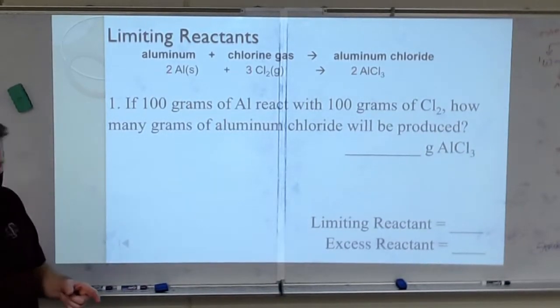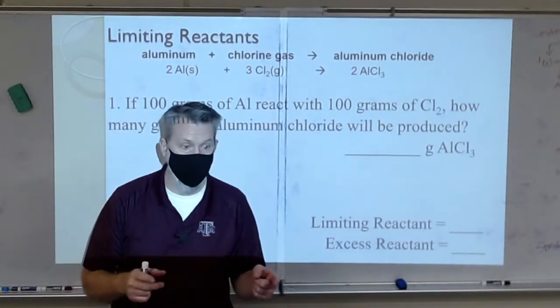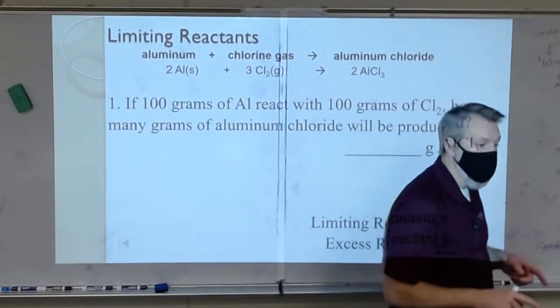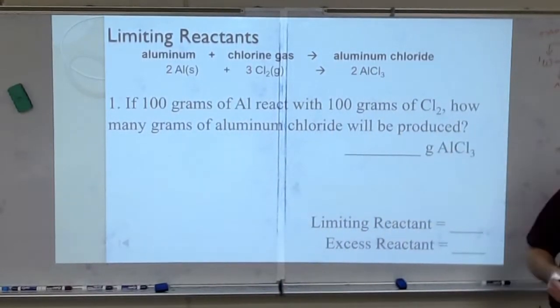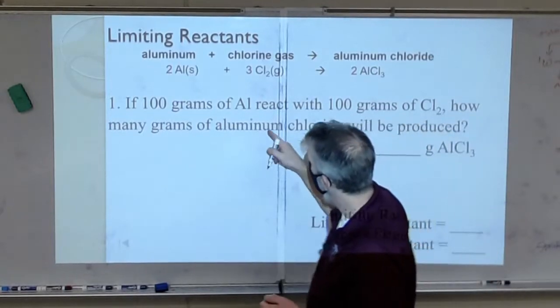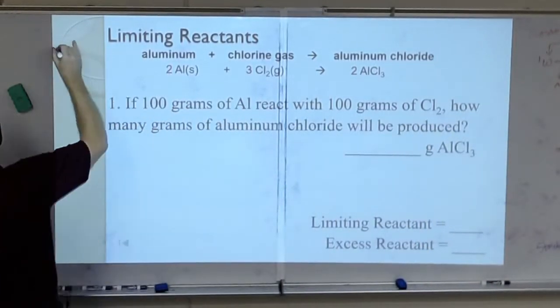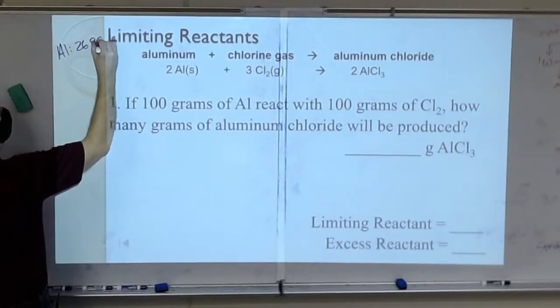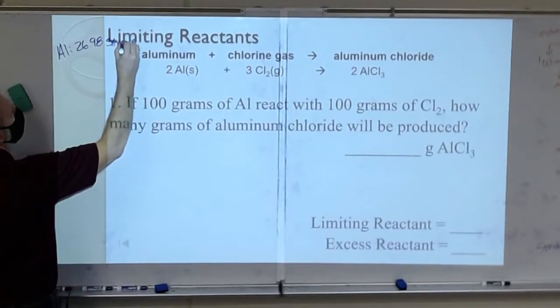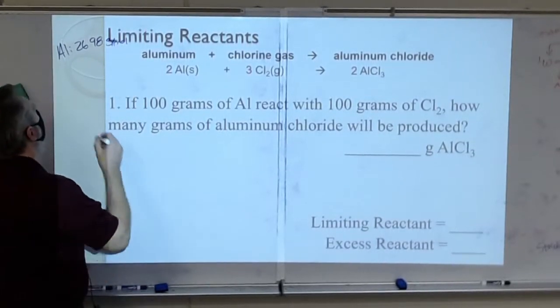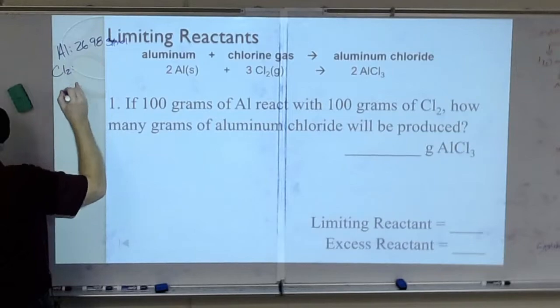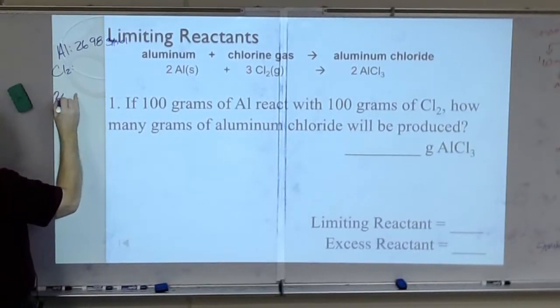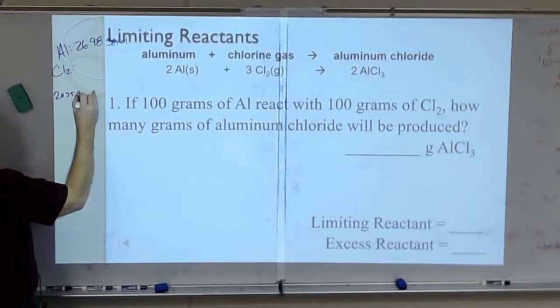Aha, I see grams. That means I'm going to need to have the what? I'm going to need to have the molar mass. So let's go through here. The molar mass of aluminum, again, write it down somewhere so you have it, is what? And the molar mass of Cl2, so that's 2 times 35.45.